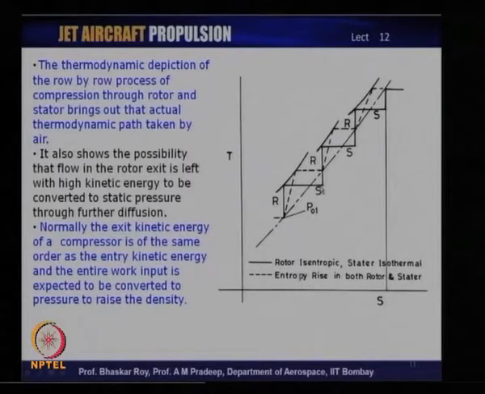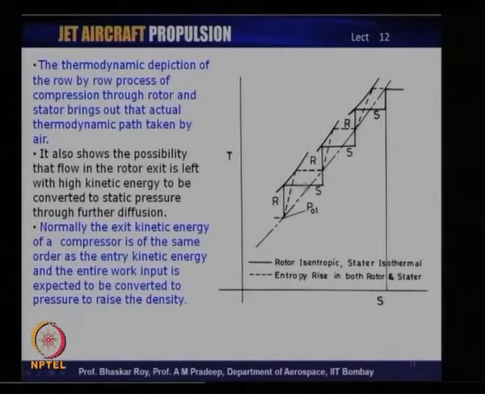of the TS diagram. The path through the rotor is actually the work done. So, the isentropic work is the vertical work along the vertical line, and then the stator work is the horizontal line where no work is being done, and the work is essentially isothermal.